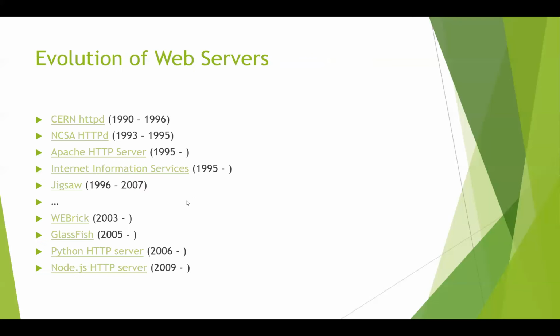Now, a quick overview of the history of some of the web servers. CERN, as I mentioned, was where the initiative for the World Wide Web started. The CERN HTTPD is pretty much regarded as the first viable web server.